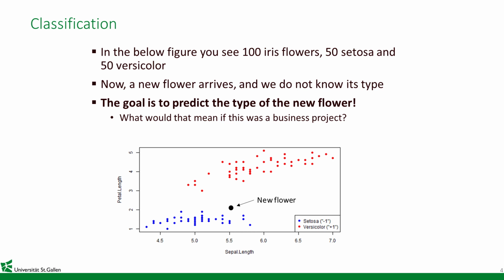And now you're curious, without having any prior knowledge, just by looking at the flowers, what type of flower this could be, by classifying it into these two types, either setosa or versicolor, just based on these two x variables that we have, sepal length and petal length.